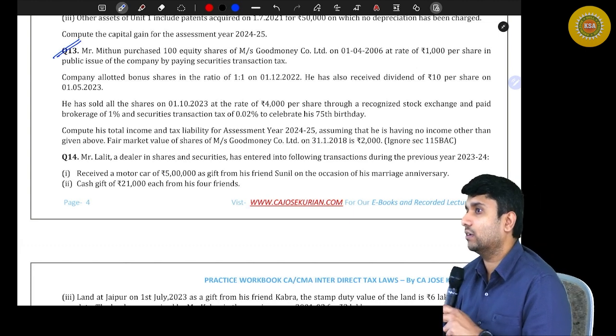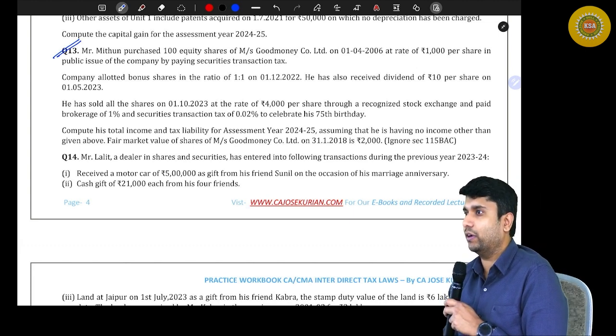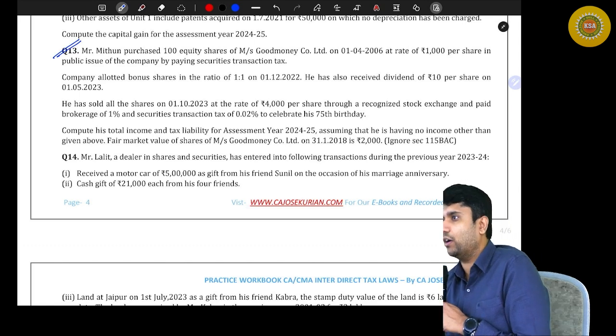No, they cannot. That's what section 48 says. That's what we have learned. You cannot add STT in the cost of acquisition.